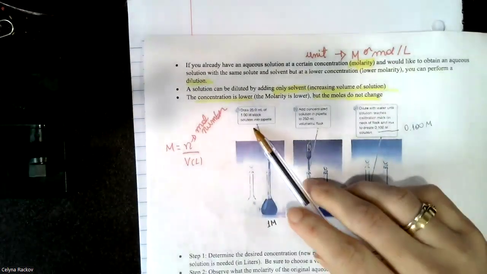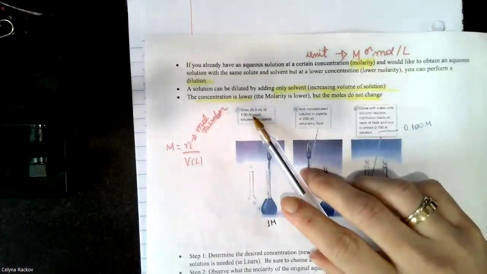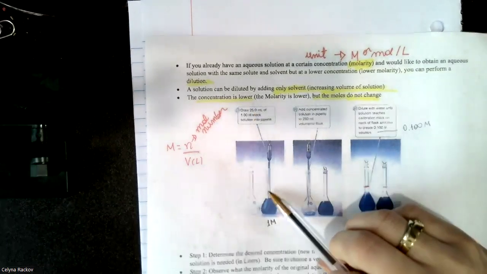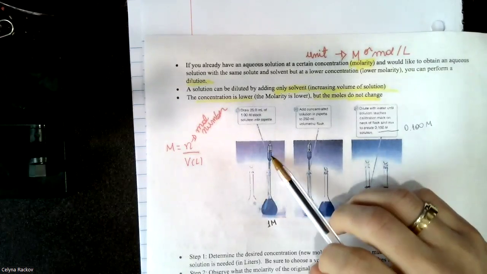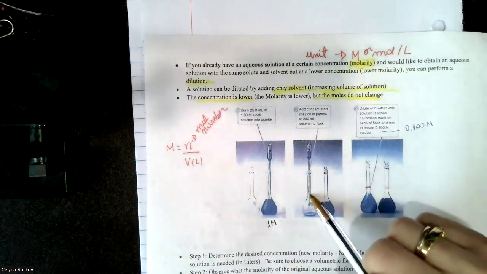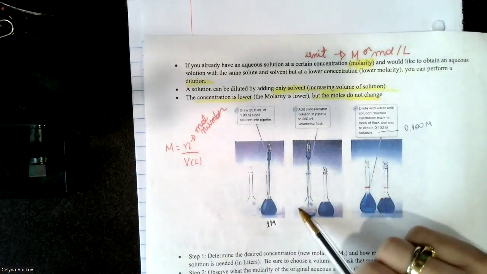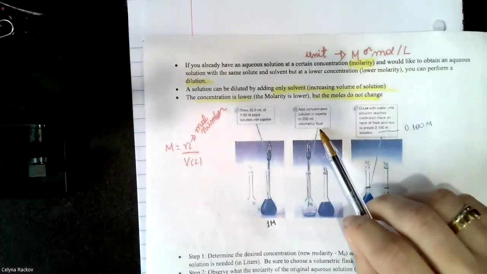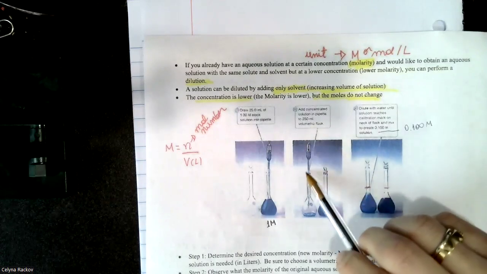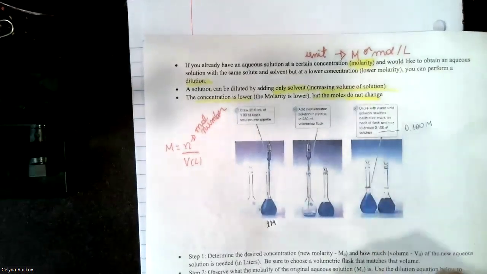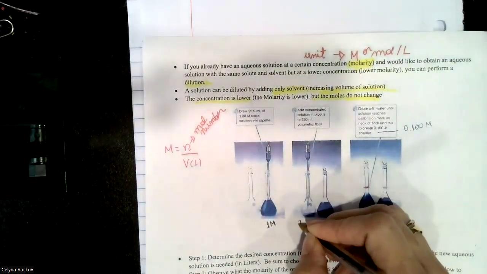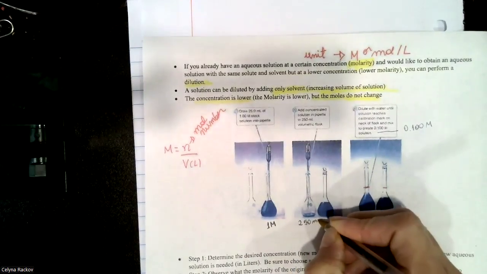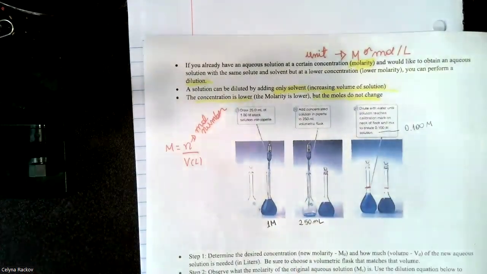Let's take 25 milliliters of this 1 molar stock solution and add it to a second volumetric flask. With the concentrated solution in this flask, the total volume is 250 milliliters.